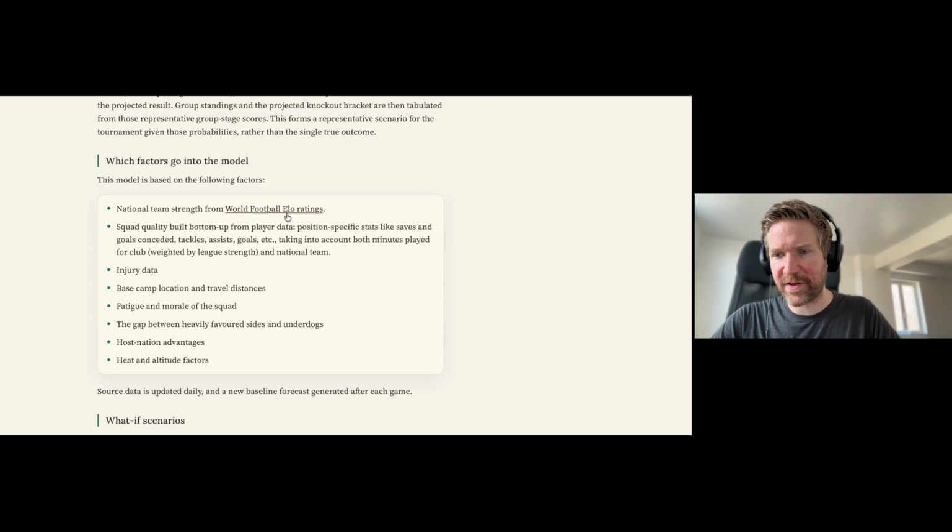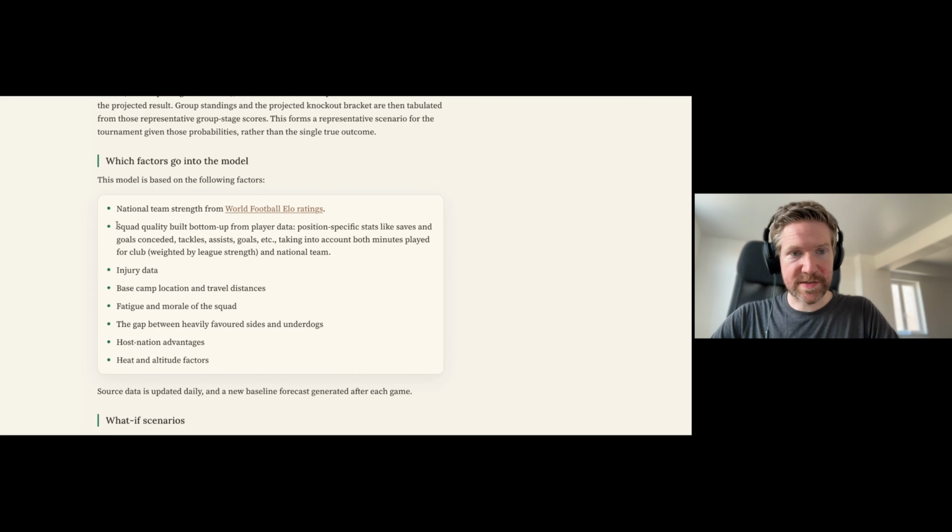This is like a FIFA rating. It comes from the chess world, ELO, and it takes into account the results of matchups between different countries and their relative strength against each other. So if you win against a very low-rated opponent, that won't change the rating much. But if you, for example, draw against a very equally rated opponent, there might be a larger difference.